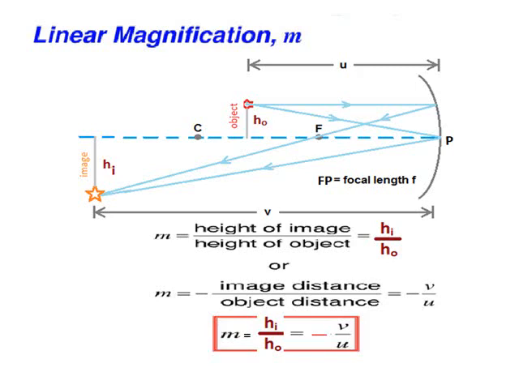In some of the image formations, we see enlarged image, and some of the images are diminished. How much is the enlargement or how much is the diminishment? This is being given by the term magnification.